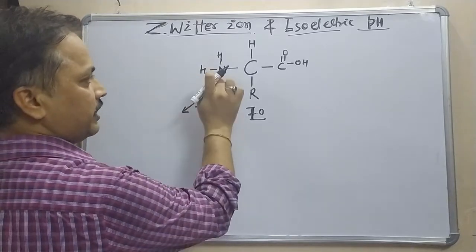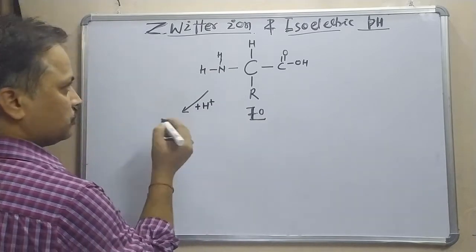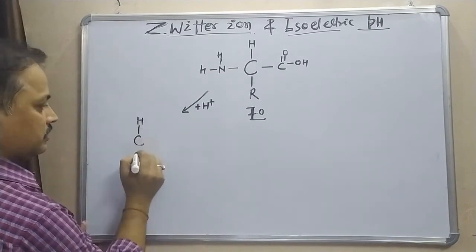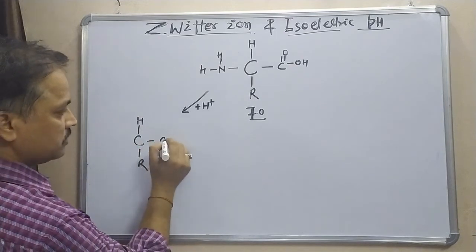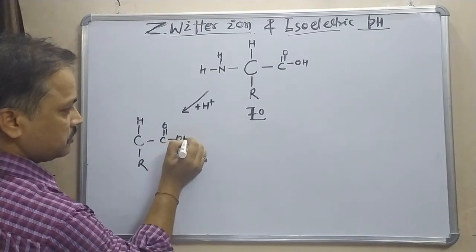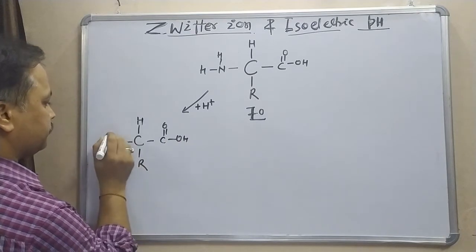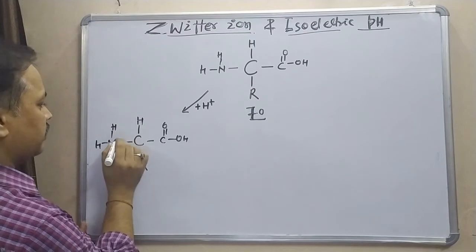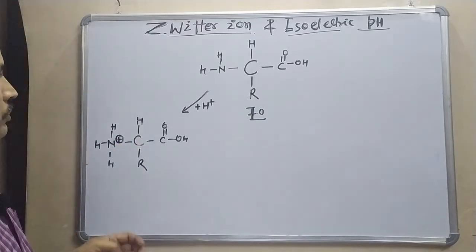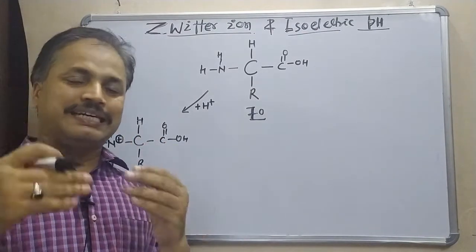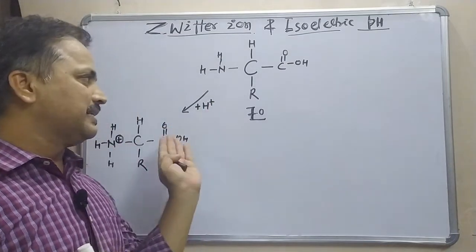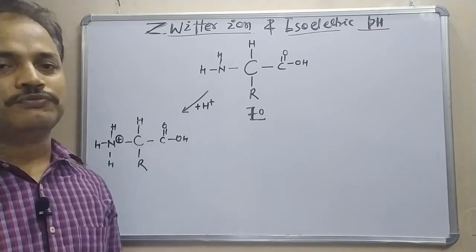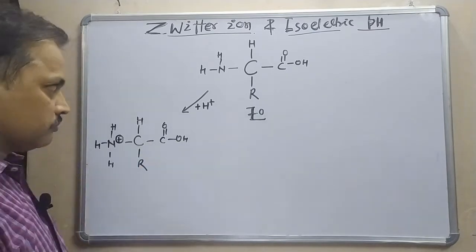So this H plus will be taken by the basic group, and it will be converted into a group with H and a positive charge. So when we decrease the pH towards the acidic side, the amino acid normally exists in the positively charged form, as a positive ion.